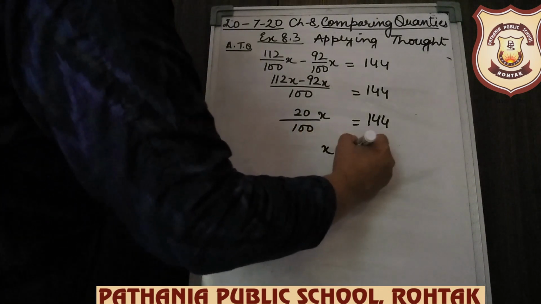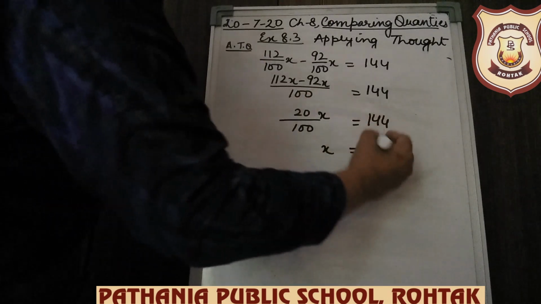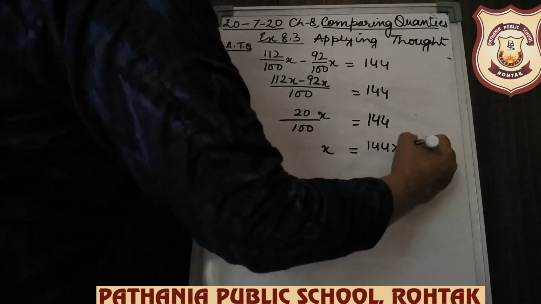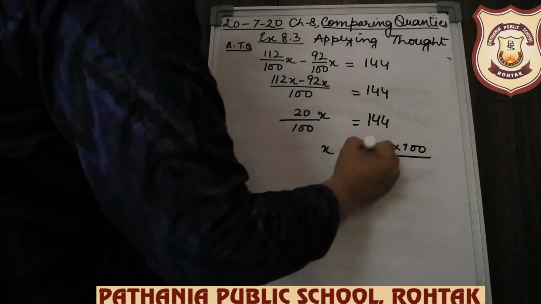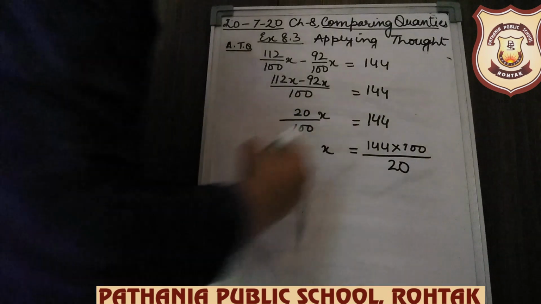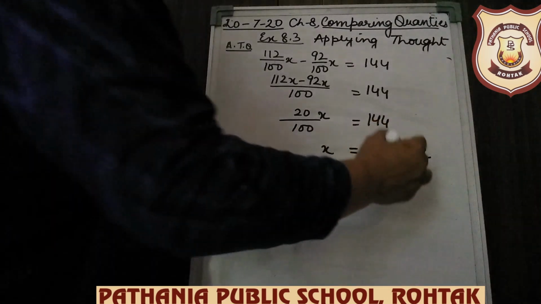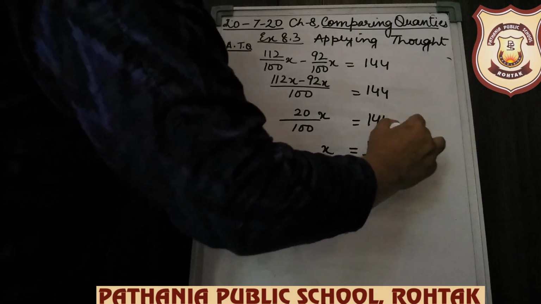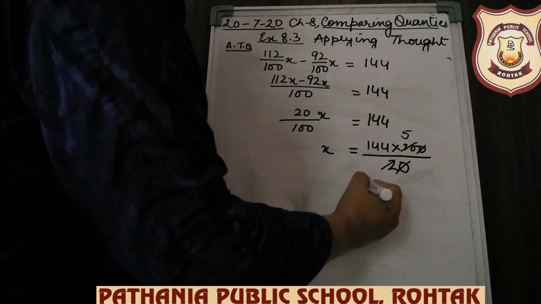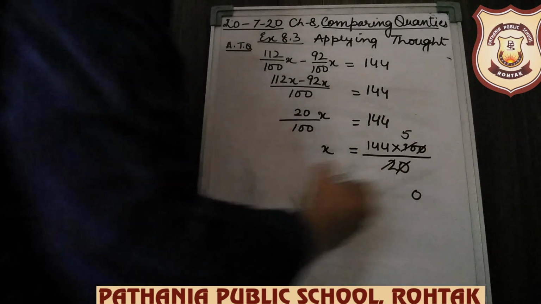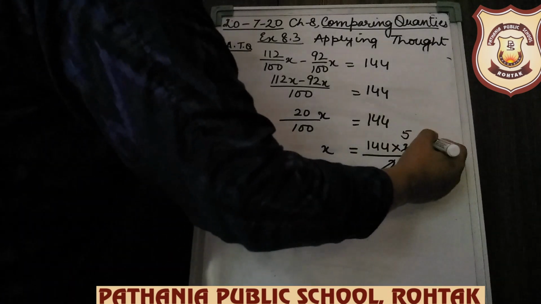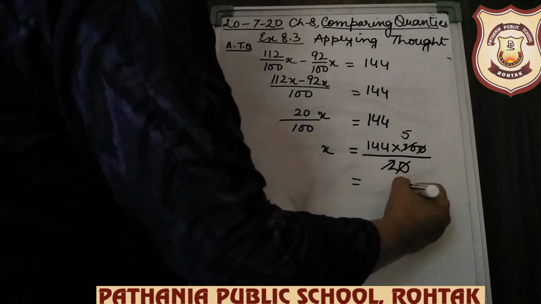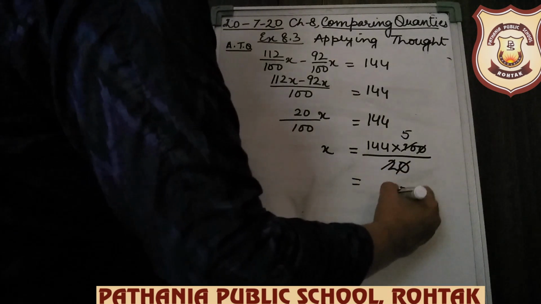Keeping x on the left hand side, take the rest of the things: 144 into 100 upon 20. These get cancelled, 2 5s, and now multiply, 0, 2 carried forward, 4 5s are 20 and plus 2.